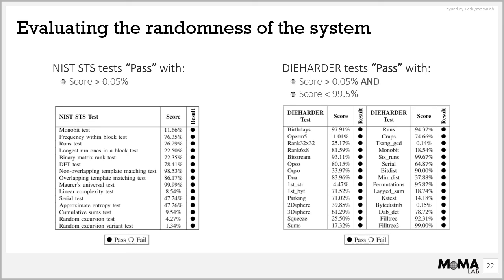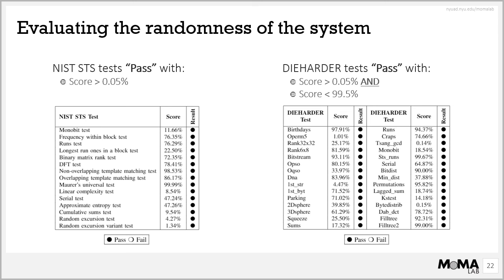In this slide, we provide the results of the NIST STS and the Dieharder evaluations. As you can see from the results illustrated in these tables, the proposed method is successful in passing all randomness tests in both the NIST STS and the Dieharder evaluations, and therefore it proves its effectiveness in generating truly random numbers, which demonstrates its suitability for cryptographic applications.